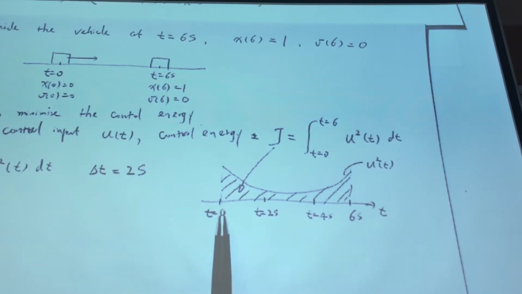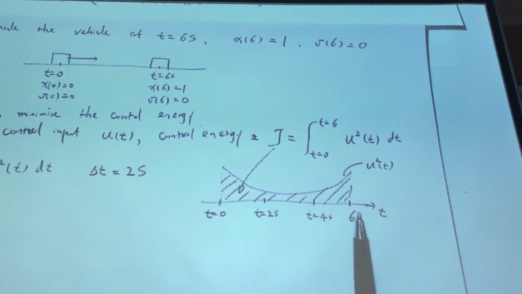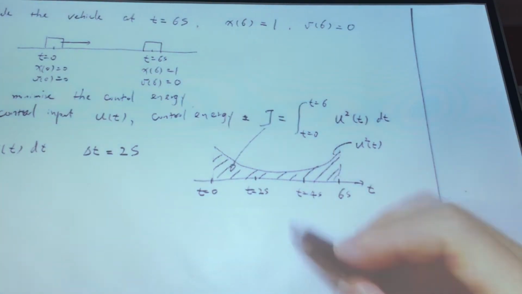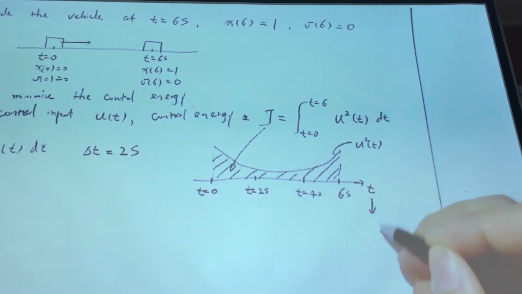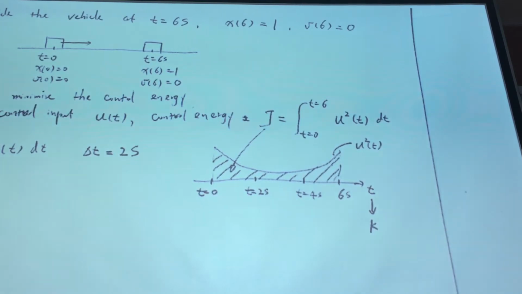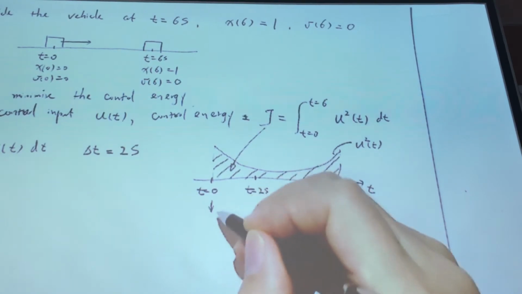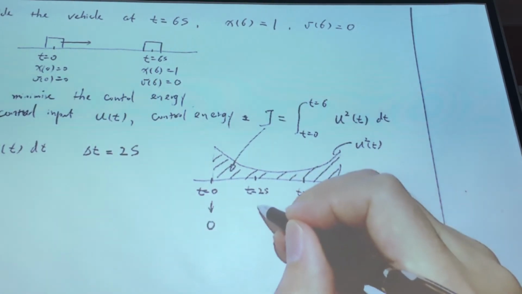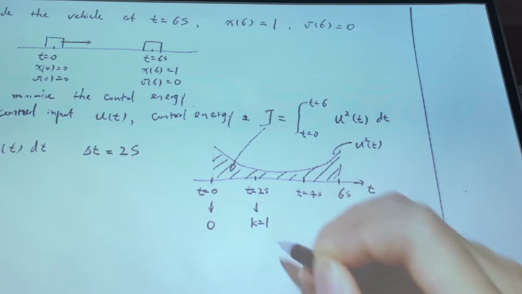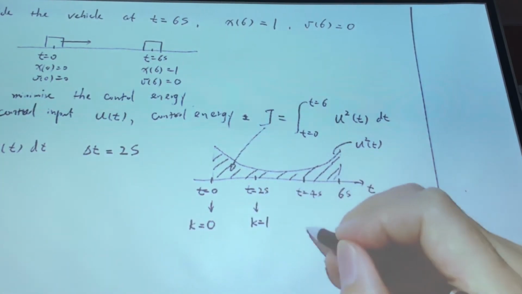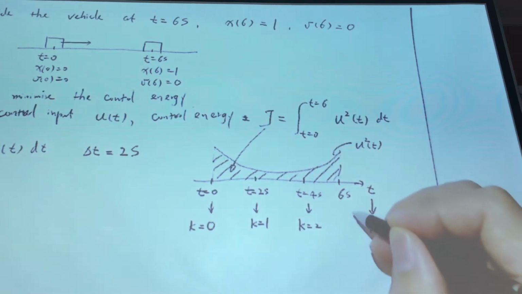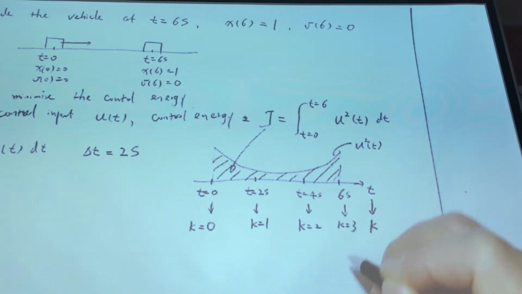The first sampling point is 0, the next is 2, then 4, and the last is 6. We can map this t to the discretized index k: t equal to 0 maps to k equal to 0, the next to k equal to 1, then k equal to 2, and this one k equal to 3.